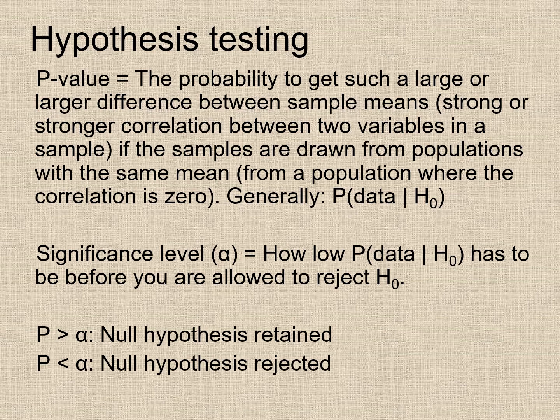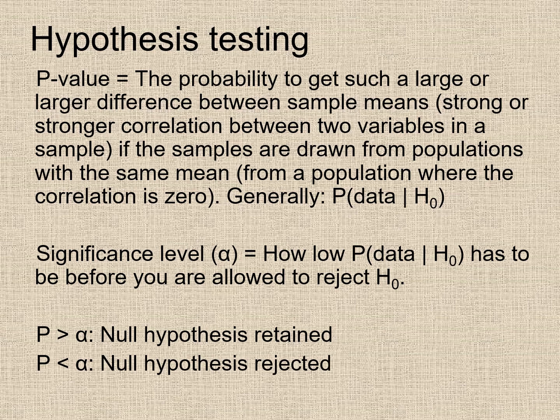And of course, sometimes we don't test if there can be assumed to be a difference between population means. Sometimes we instead test if there is a correlation between two variables x and y. In that case, the null hypothesis is that there is no correlation between x and y in the population.